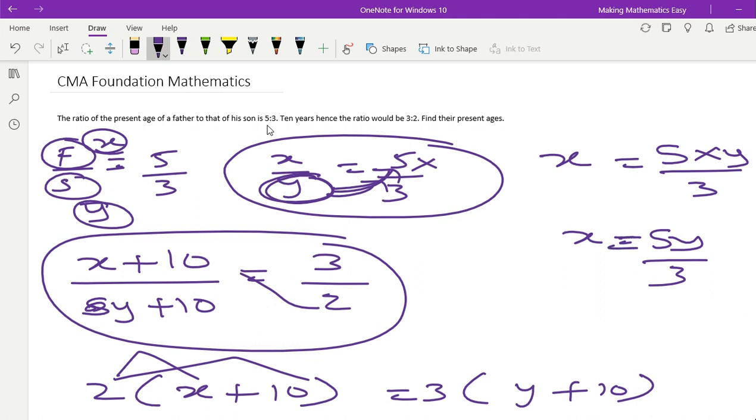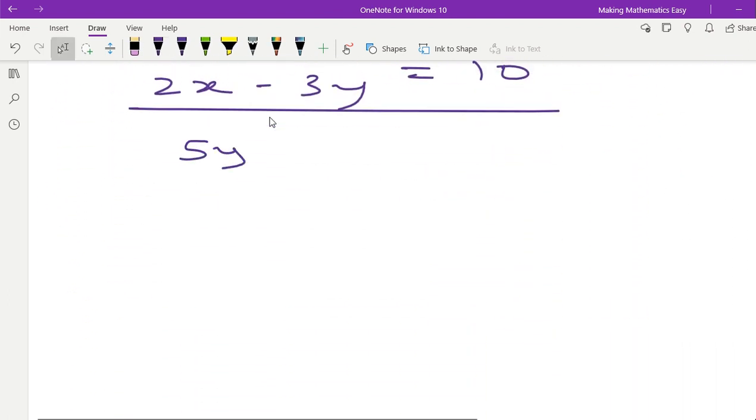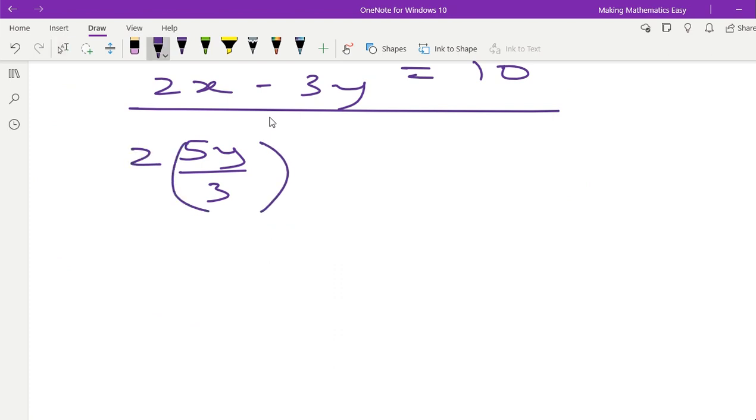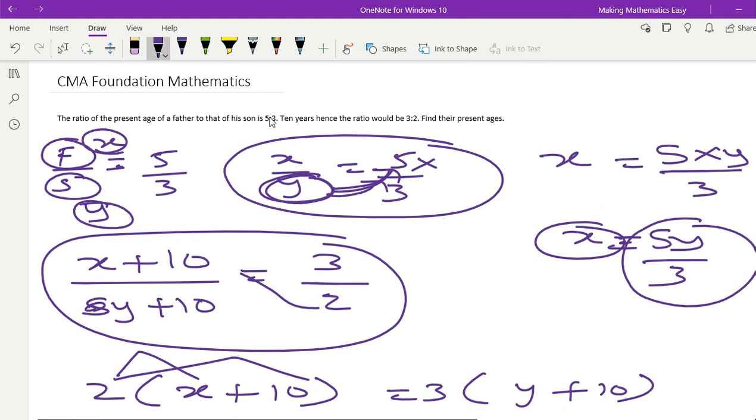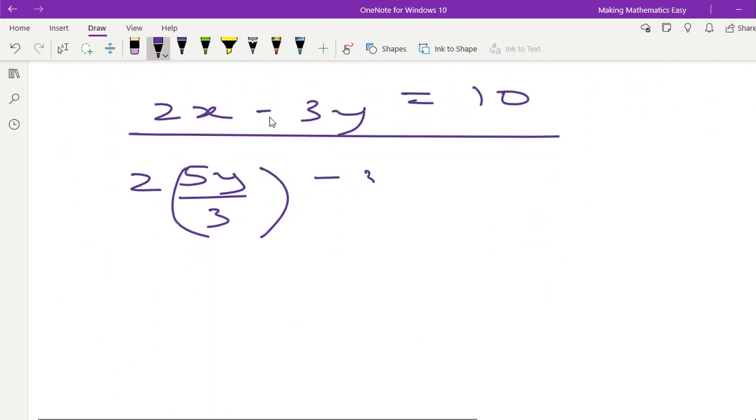Okay, so now in place of x we can substitute 5y upon 3. So in place of x we can put 5y upon 3. This 2 will stay as it is, and this minus 3y is equal to 10. Rest stays as it is.